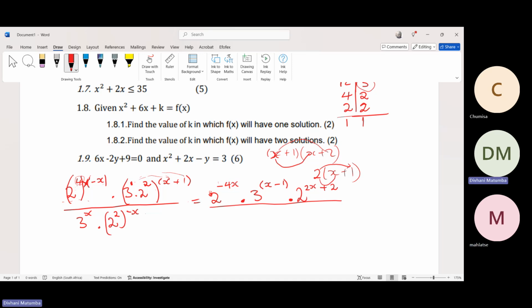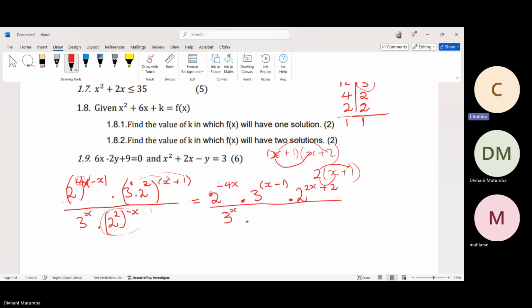And then the denominator, Mahlatsi, what is it that is going to be? Then what will happen to this one?